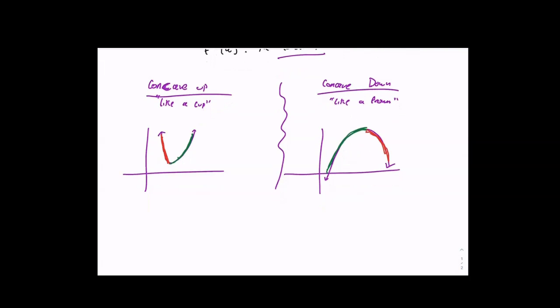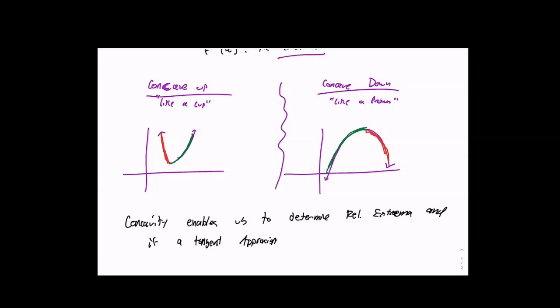One of the major reasons, and the reason we're going to cover it, is that concavity enables us to determine relative extrema, and whether a tangent approximation is too high or too low: an over approximation or an under approximation.